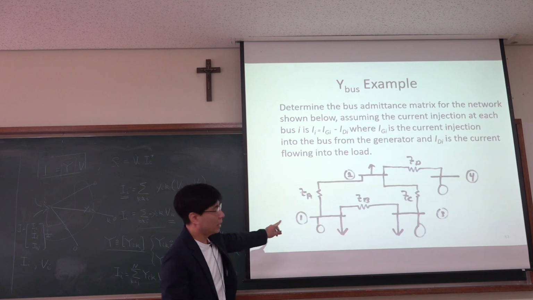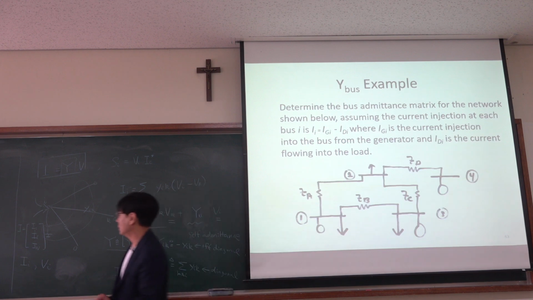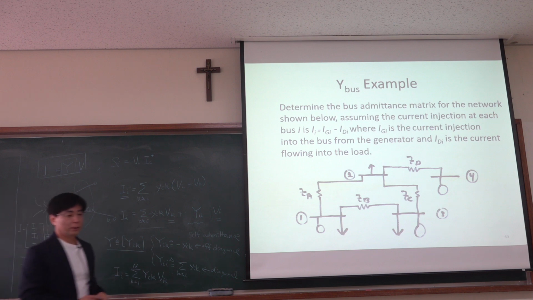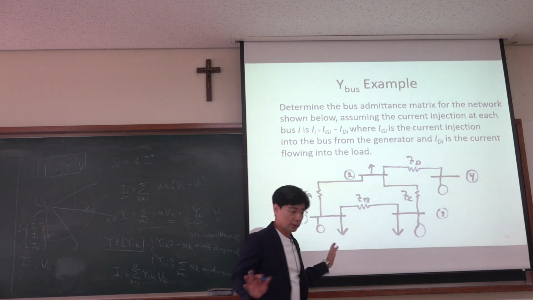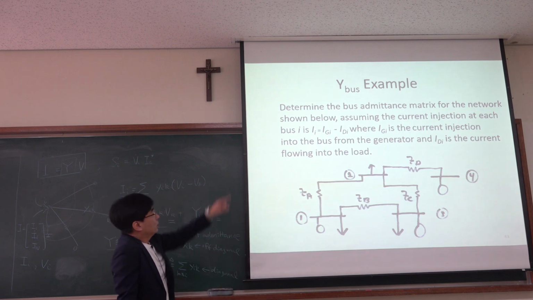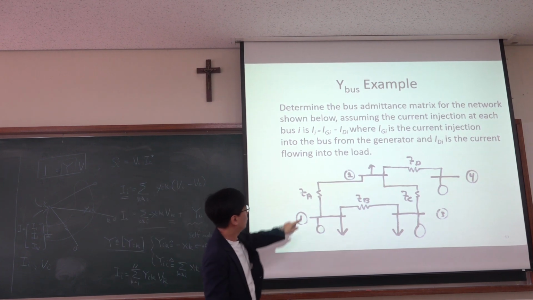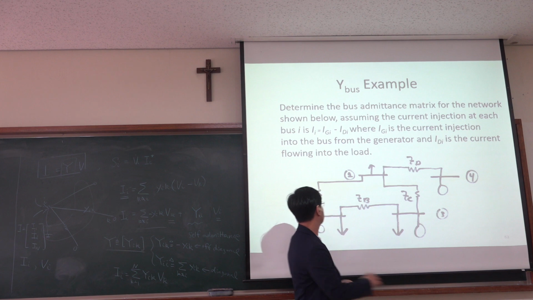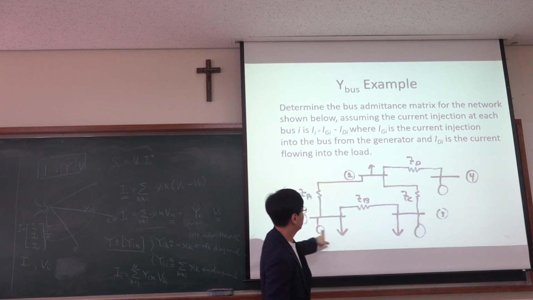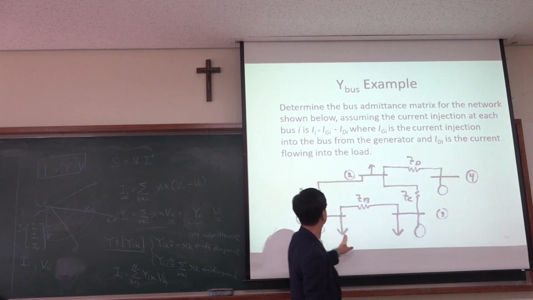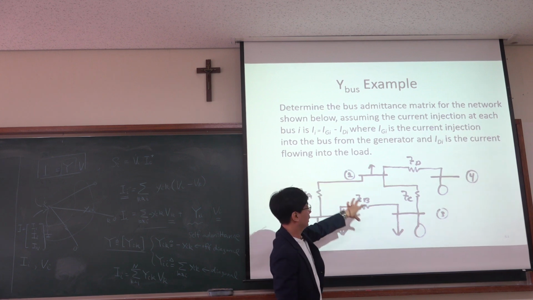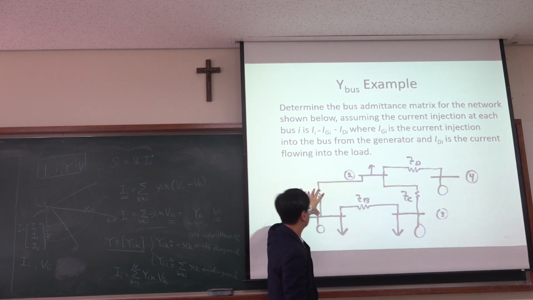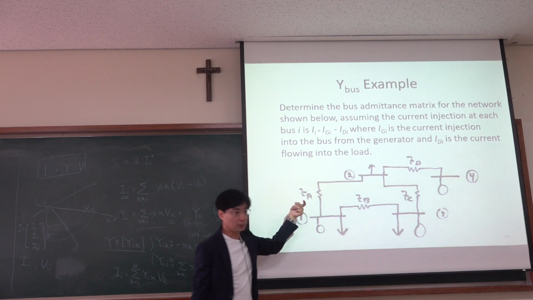So this is an example. This is a general derivation, but in your textbook or in this slide, they have just an example, but yeah, same. So here, this is a Y-bus example. We have 1, 2, 3, 4 buses, and we have generator, load, and the line impedance, Z. And the admittance of this line is the inverse of the impedance, right?